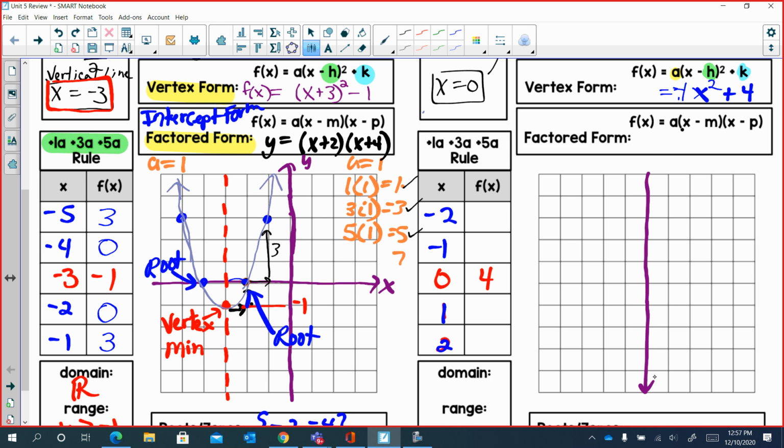There is my y, and here is my x. We're going to start by plotting the vertex 0, 4. And so that lets me see that the y-axis is the axis of symmetry.